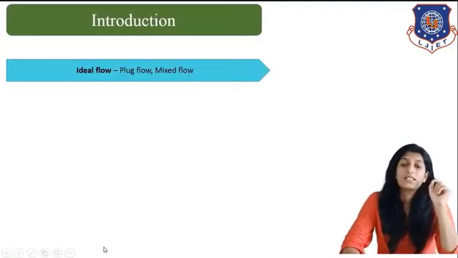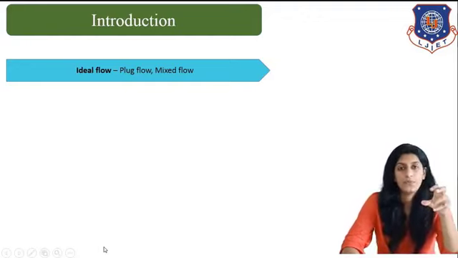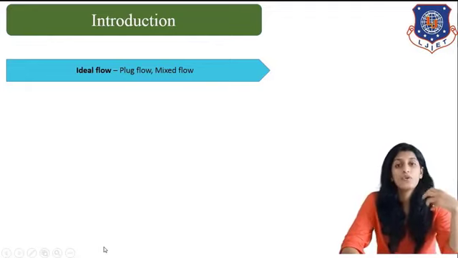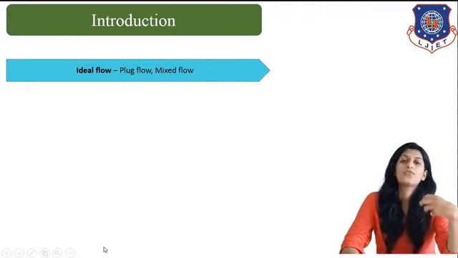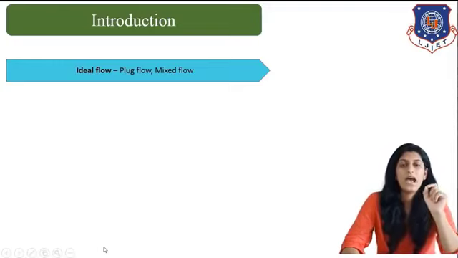So what is non-ideal flow? To know this, we must first understand what ideal flow is. Ideal flow is basically either a plug flow or a mixed flow. If a fluid is showing a plug flow pattern or a mixed flow pattern, then and only then can it be considered an ideal flow.